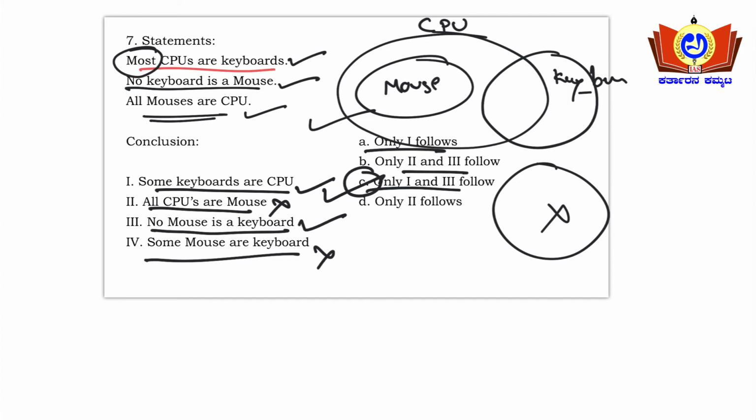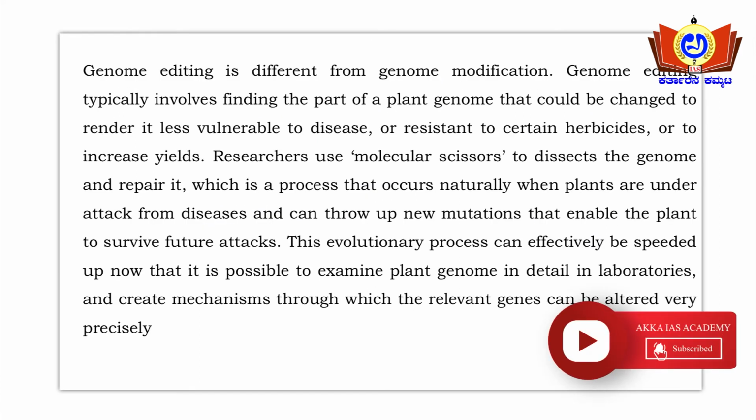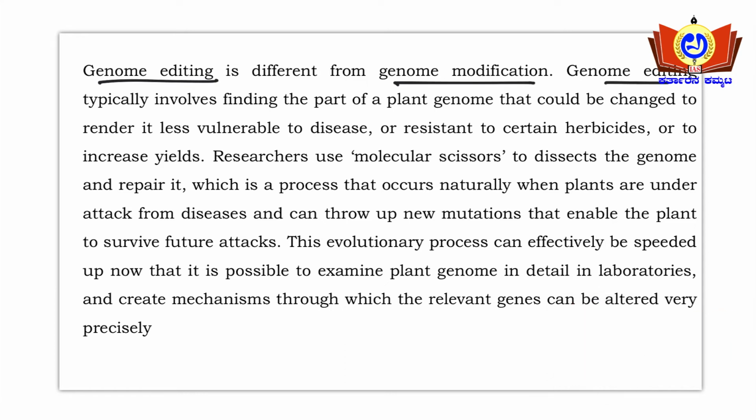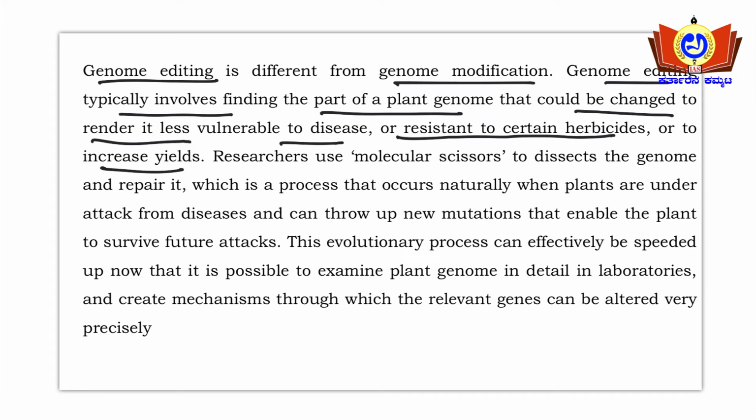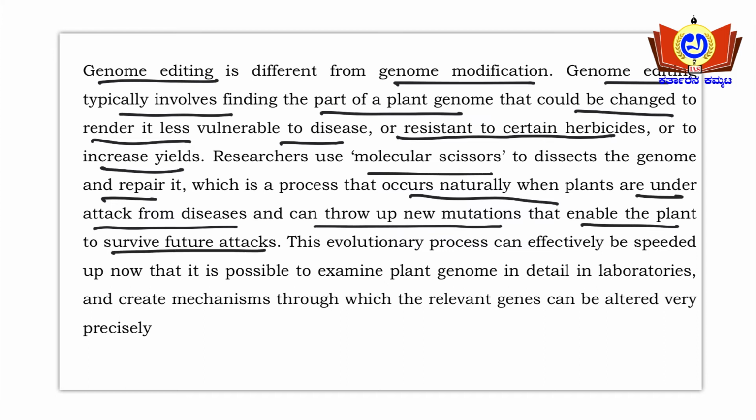So moving on to the next question. This is the passage. Genome editing is different from genome modification. Genome editing typically involves finding the part of a plant genome that could be changed to render it less vulnerable to disease or resistant to certain herbicides or to increase yields. Researchers use molecular scissors to dissect the genome and repair it, a process that occurs naturally when plants are under attack from diseases and can throw up new mutations that enable the plant to survive future attacks.